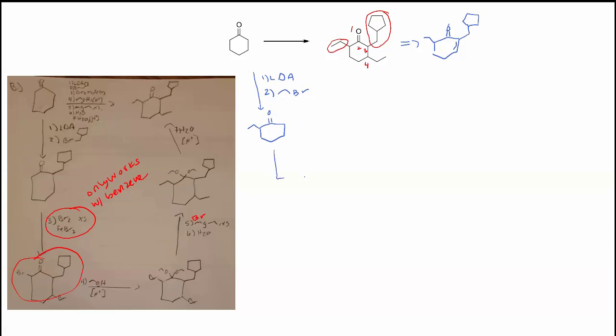But when you do this, you want to make sure to use LDA again, because that will grab a hydrogen from the less substituted side. If you use sodium hydride, that would take a proton from the group that has the ethyl on there.